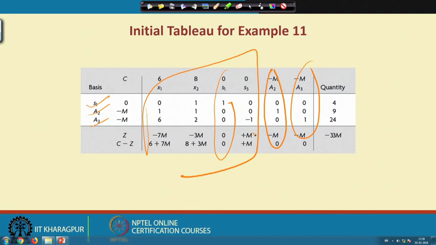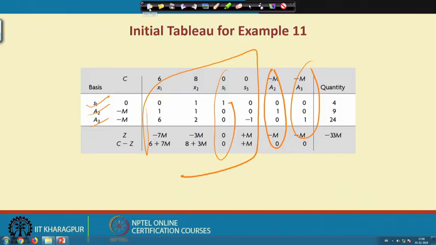Once phase 1 ends, we start phase 2 where the actual cost coefficients are used, and we can remove the artificial variables and look for the solution. The final solution will again be judged on the basis of the net evaluation criteria, and you will get the optimum solution as per the particular business requirement and management requirement.